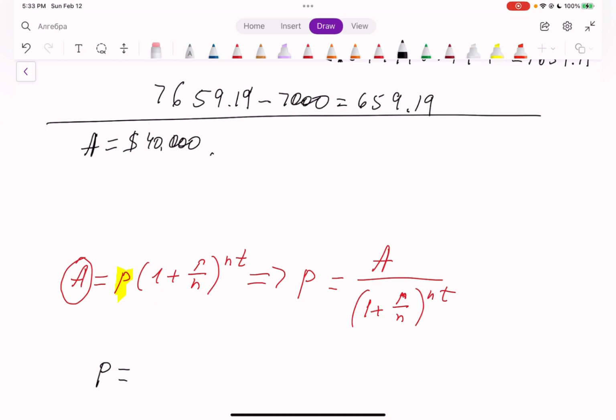T is 10 years. Well, taking pictures is working much better than writing. And then interest is 6.2%, compounded monthly.